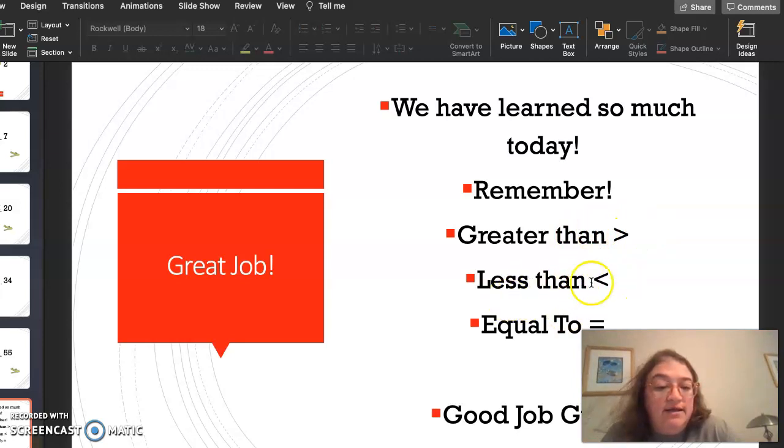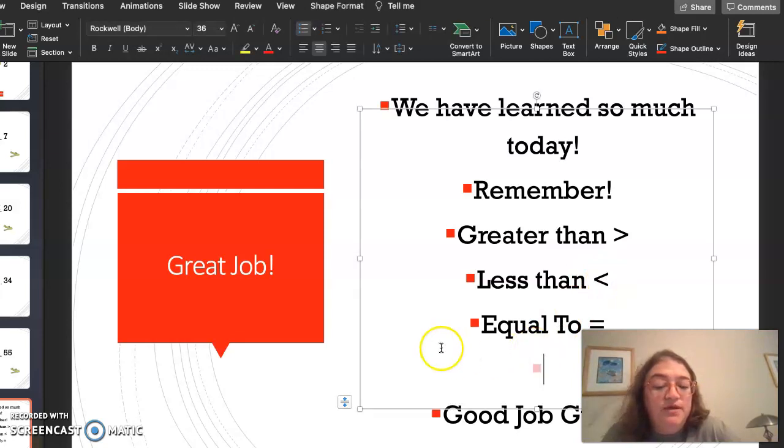Our less than alligator is going to open to the right, and it wants that smaller number. Remember? Equal to means the numbers are the same. They have the same amount of ones and the same amount of tens. And that is our equal to sign. So, greater than, less than, equal to. All right, great job, guys.